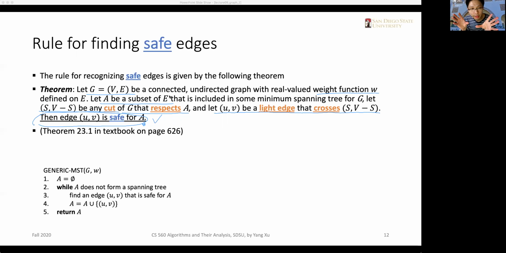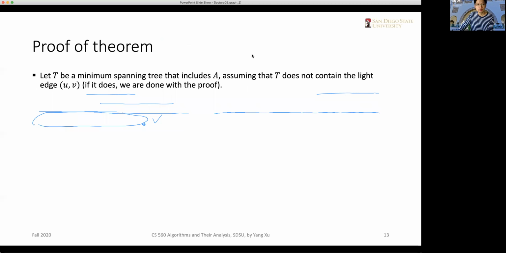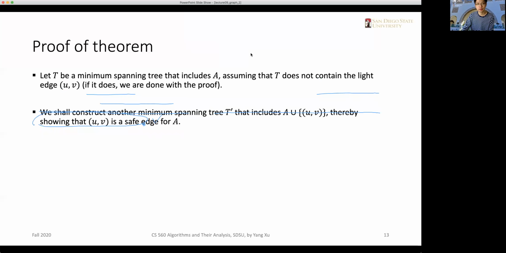And as long as we choose the light edge that crosses a cut, and this cut should respect A, which means this cut should not cross any existing edges in A, then the light edge is exactly what we need to compute to grow the tree. Okay, and let's look at how this theorem is proven.